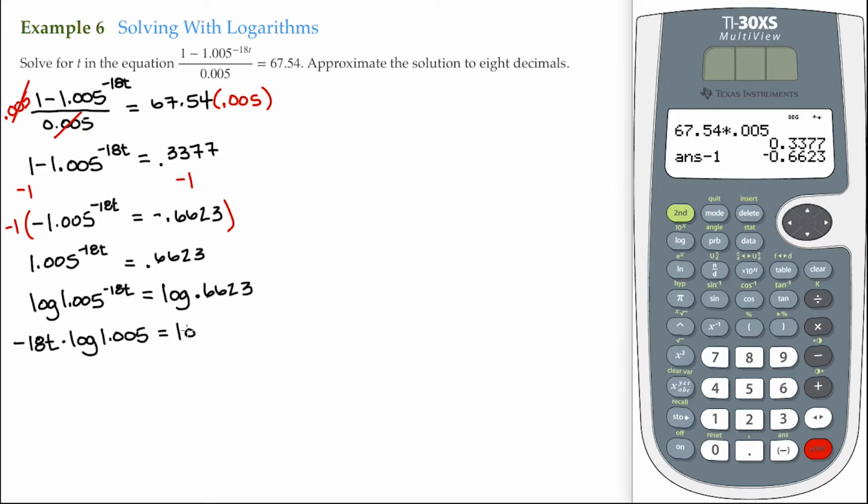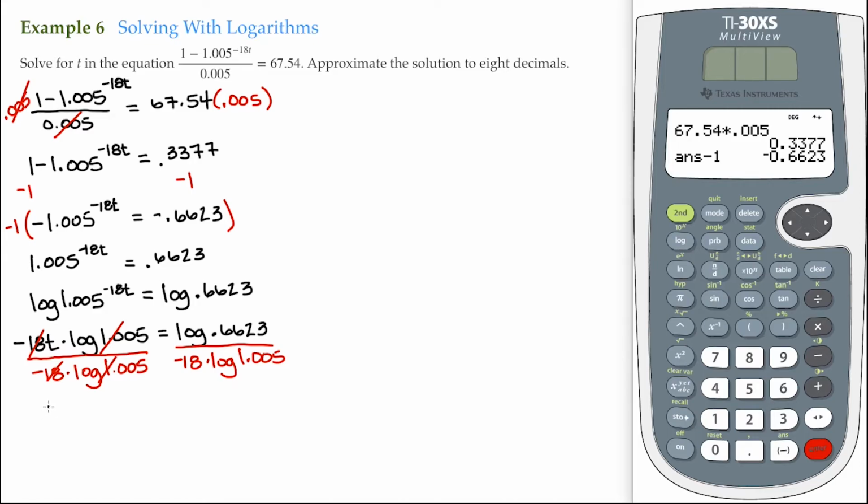That's going to be equal to the log of 0.6623. Now, continuing with our algebra, I can divide both sides by negative 18 times the log of 1.005. These terms are going to cancel. That's the whole idea. That's why we do it.